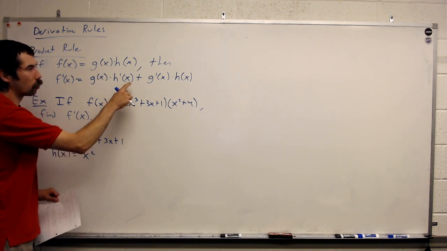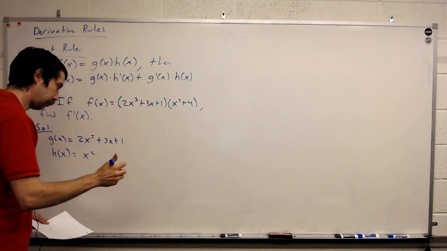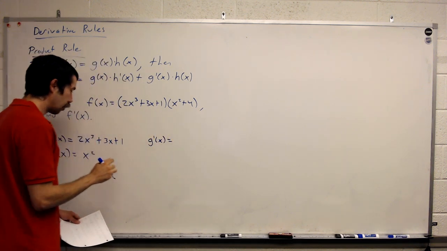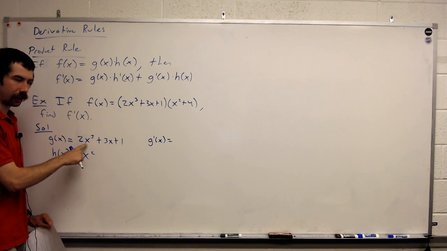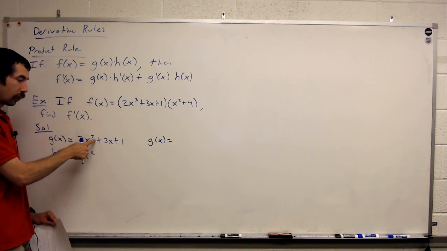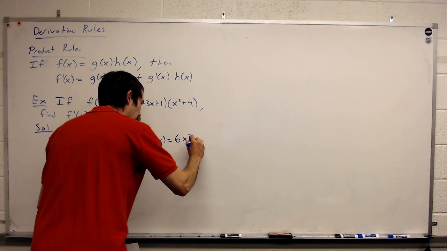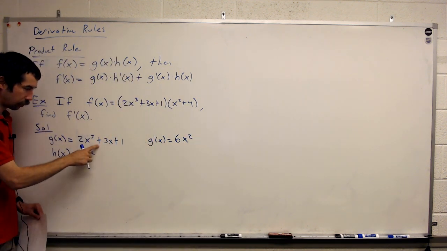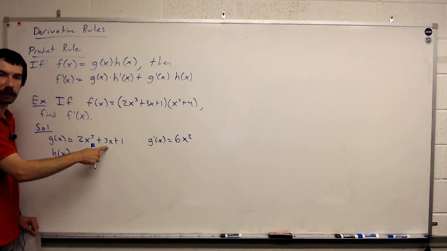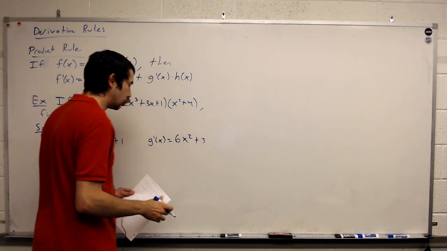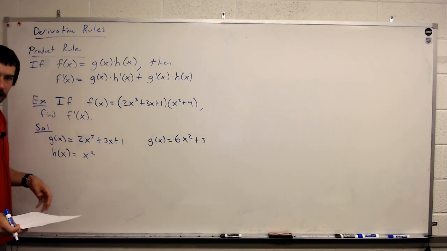And what do we need for our rule? We need g prime and we need h prime. What is the derivative of 2x to the third plus 3x plus 1? We bring the power in front. Subtract 1 from the exponent. And we do that for each of the terms. So the derivative of 3x is just 3. And the derivative of 1 is 0, so we don't have to include that.